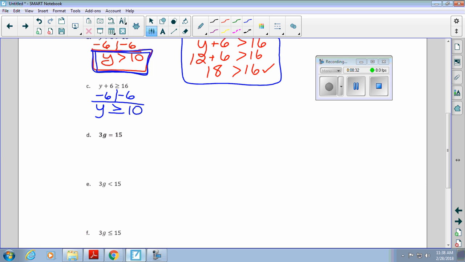So if you look at this example compared to the one above, you are going to be able to include 10 as an answer here in example C, whereas in example B, you could have 10.0000 going on for a long time, 1, and it would work, right? It could be the teeniest amount bigger than 10, but it still has to be bigger than 10. In C, we could include 10.